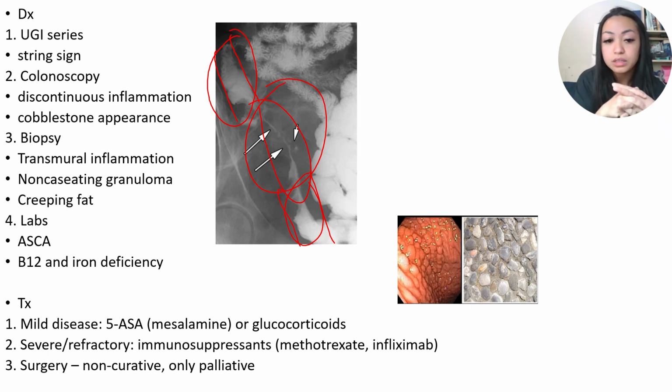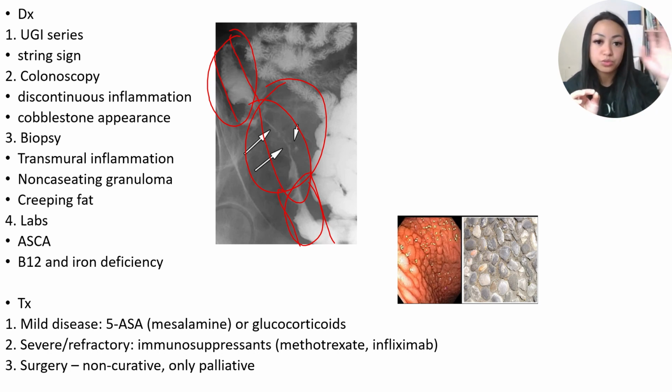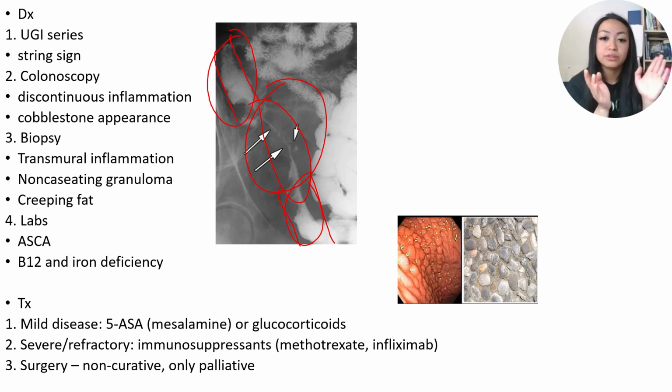Okay, the next thing you can do is colonoscopy. So in colonoscopy, again, you're gonna see essentially the same thing, discontinuous inflammation. So when you do colonoscopy, you're gonna see areas of normal bowel, and then areas of inflammation, and then again normal areas of the bowel. So you get this alternating areas of inflammation and normal portions of the bowel.